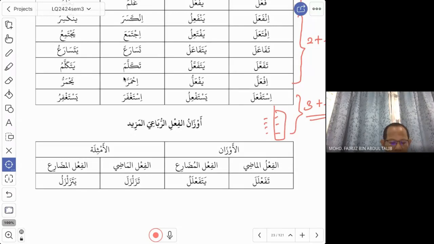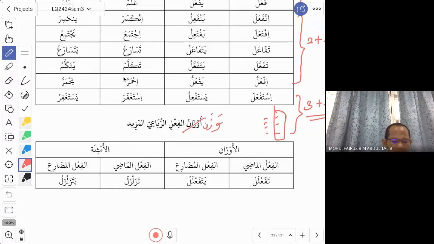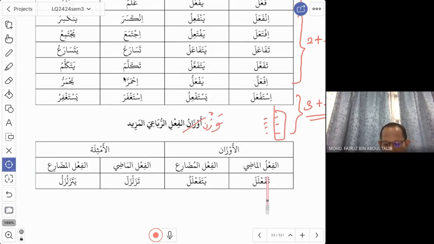For the 4 letter fi'il, there is only 1 wazan. For the fi'il ruba'i mazid, the additional letter is only this ta. So the wazan is only tafa'lala, where fa, ain, lam, lam are the original huruf and the ta is the additional huruf. So we just add ta.